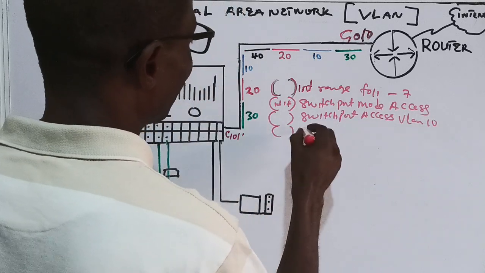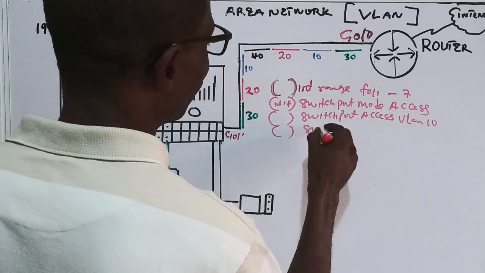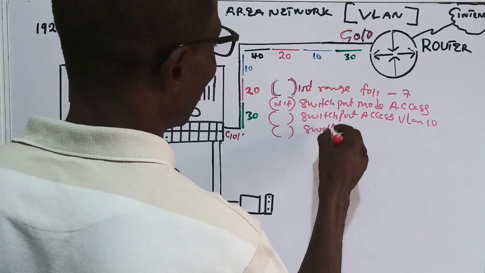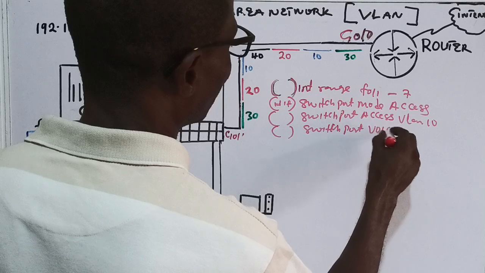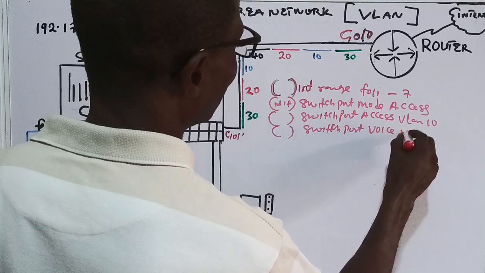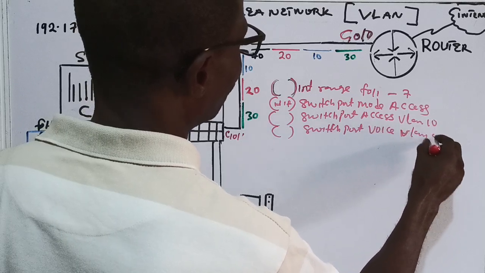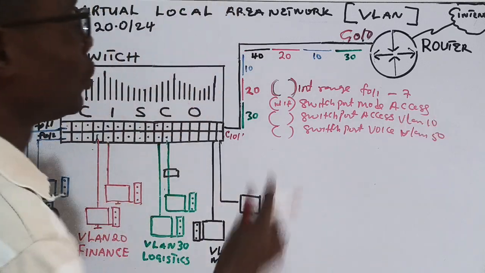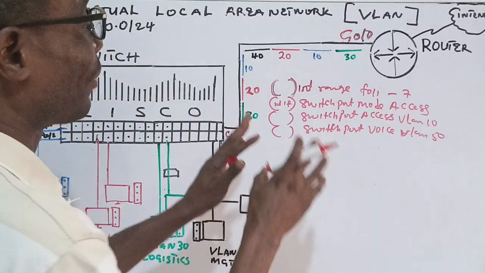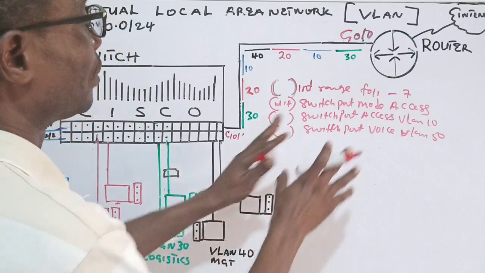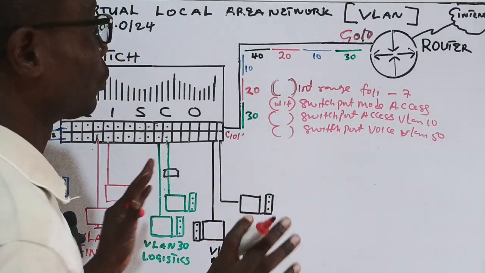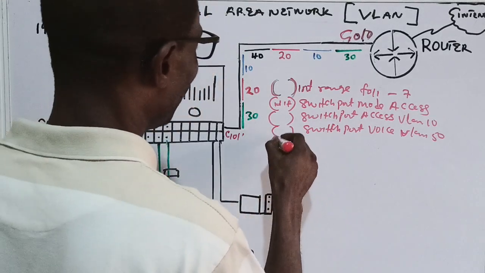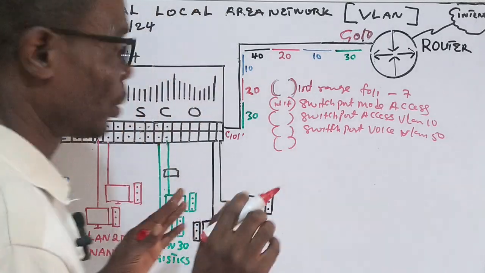You hit enter. You need to enable voice here: switchport voice VLAN 50. You hit enter. So you have created VLAN 10 and enabled voice VLAN for these interfaces as well. You put exit to come back to global configuration mode.